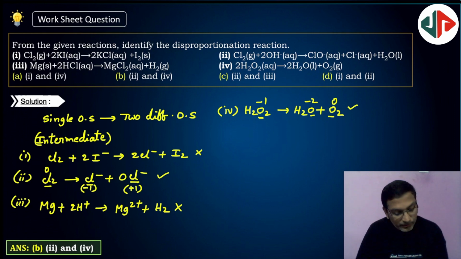Therefore 2 and 4, option B. So all are redox reactions only, but disproportionation means the same substance should undergo oxidation and reduction simultaneously. Here in second and fourth options, a single compound is oxidized as well as reduced. Next question.